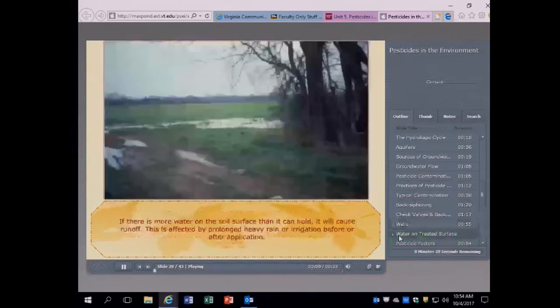Some other points here: if there's more water on the soil surface than it can hold, then when you're applying pesticides, you can easily get into a situation where this will contribute to runoff. This is affected by usually prolonged rain, but also if you're irrigating, these situations lend themselves for runoff movement, and you have to be very conscious of this issue.